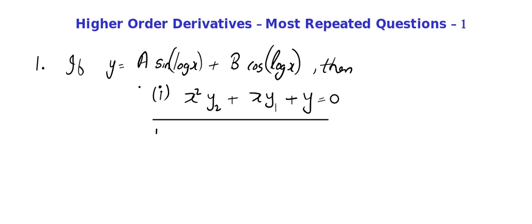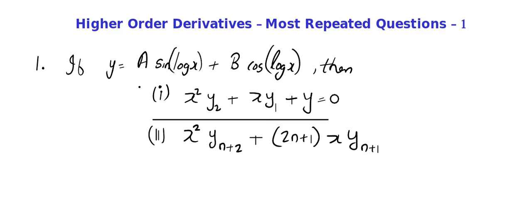Okay, now the second part, that is related to Leibniz theorem. Hence prove that x square yn plus 2 plus (2n plus 1) into x yn plus 1 plus (n square plus 1) into yn is equal to 0.